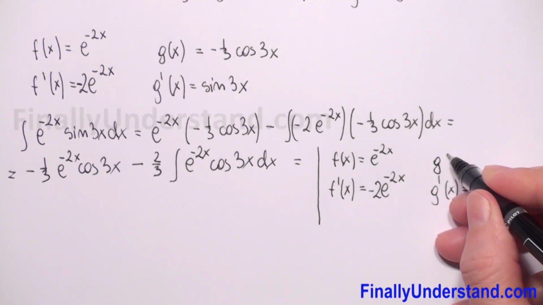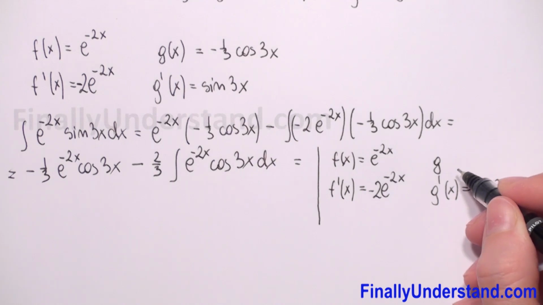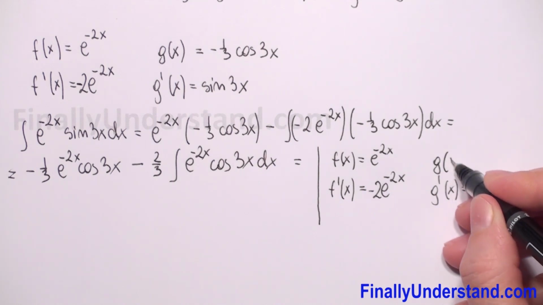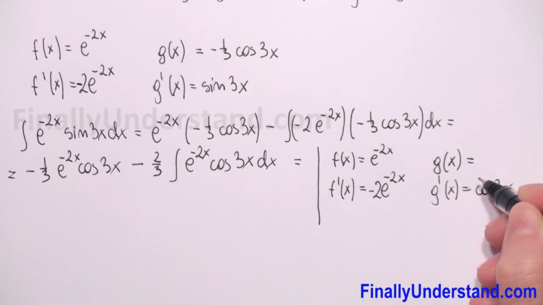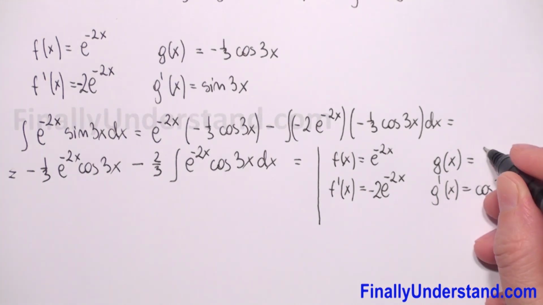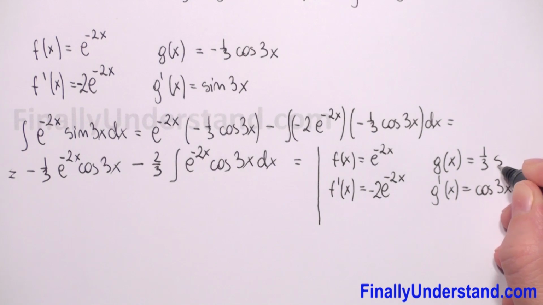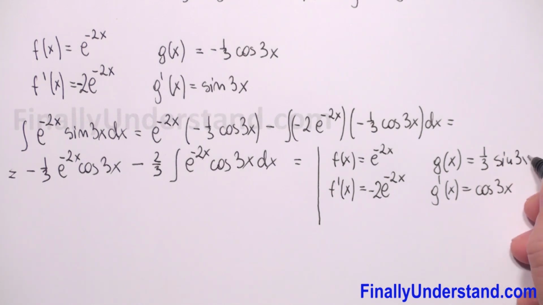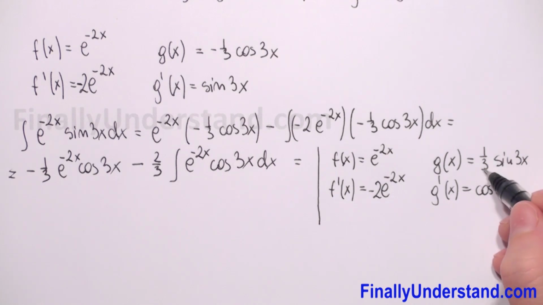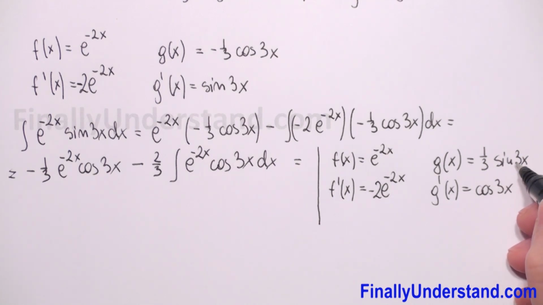The antiderivative of g prime is 1/3 sine of 3x. We can always check. The derivative of sine is cosine. And now we have to find the derivative of the function which is inside. The derivative of 3x is 3. That's why you have to put 1/3 to reduce this 3.